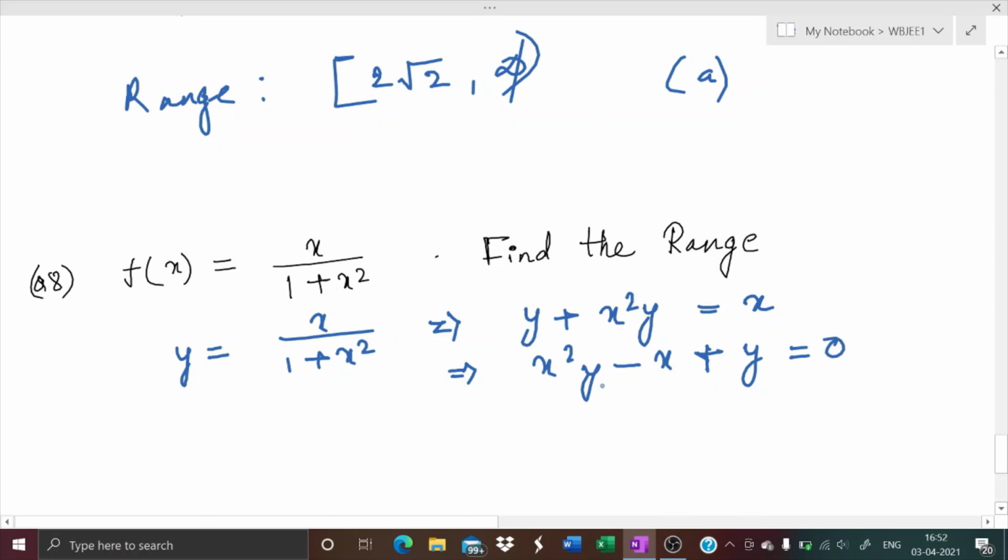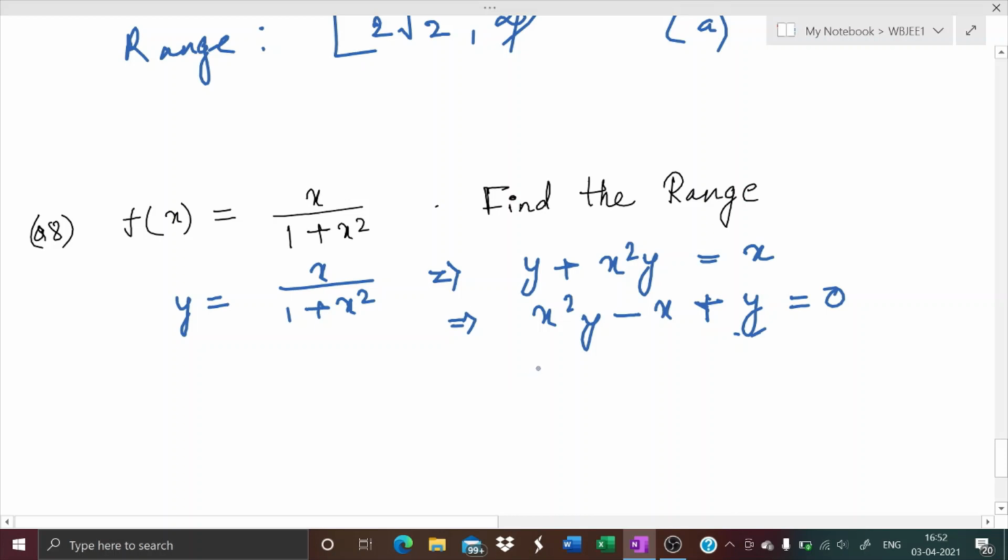Now as you can see, this is a quadratic equation. I will be taking y as a constant in this case. Okay, so see how it will be done.